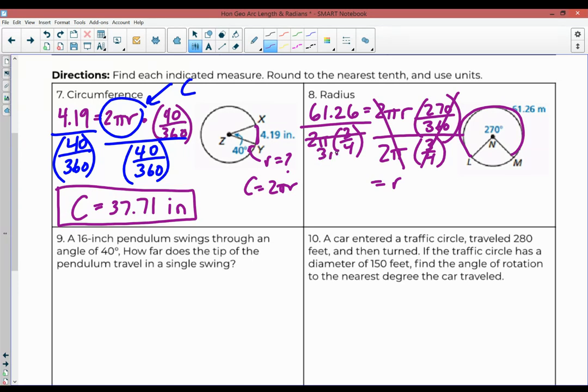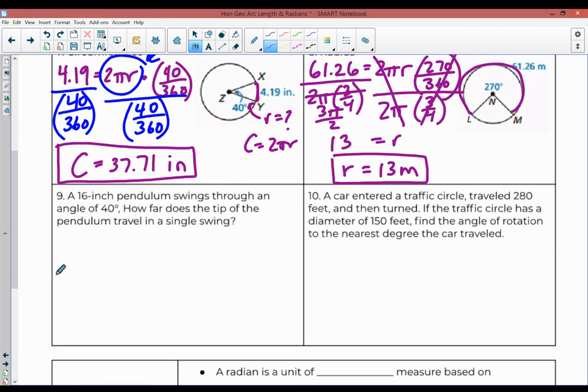So that's 3 pi over 2 that I'm really dividing by. So I have 61.26 divided by 3 pi over 2. It gives me 12.9999. Rounding to the nearest tenth, that'll be 13. So the radius is 13 meters. This is so fun.